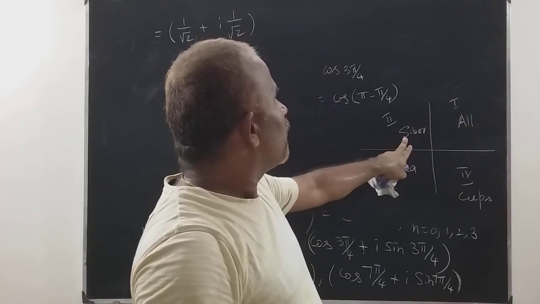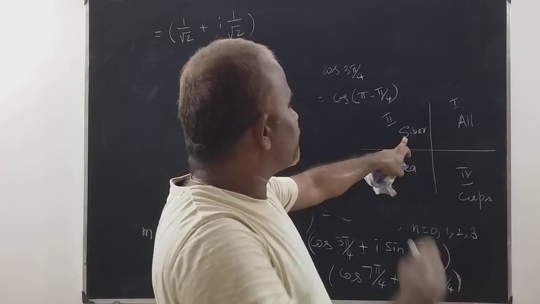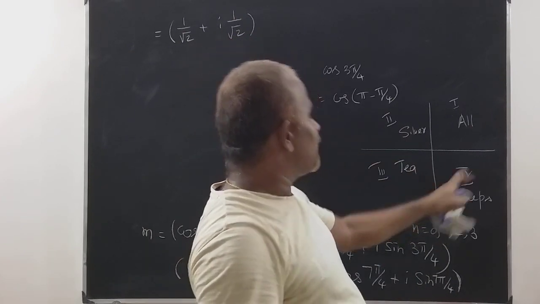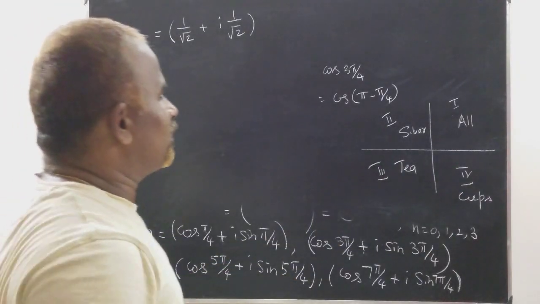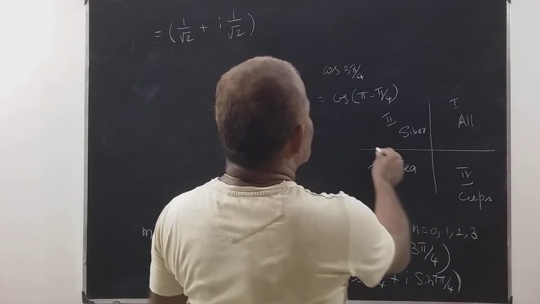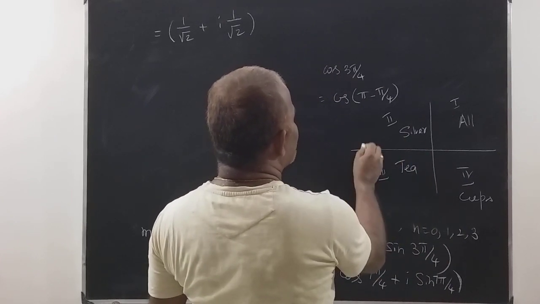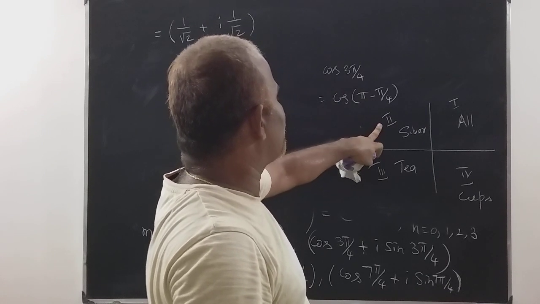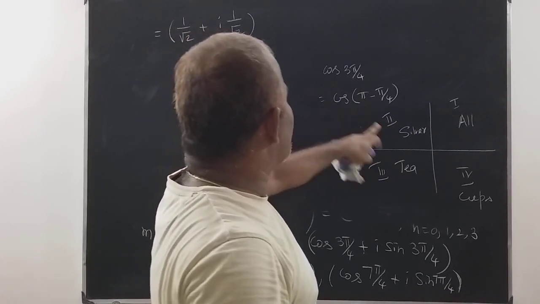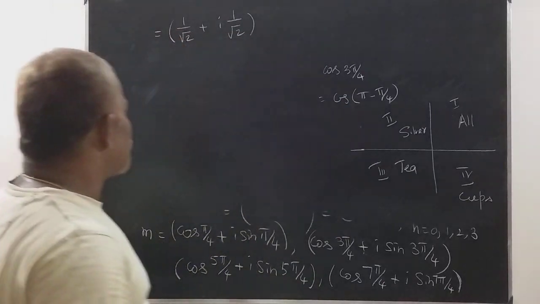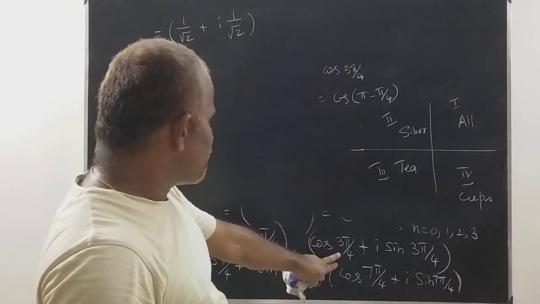In the second, sine and cosecant are positive. In the third, tan and cot are positive. In the fourth, cos and secant are positive, otherwise negative. So pi minus pi/4 comes under the second quadrant, where sine is positive and cos is negative.